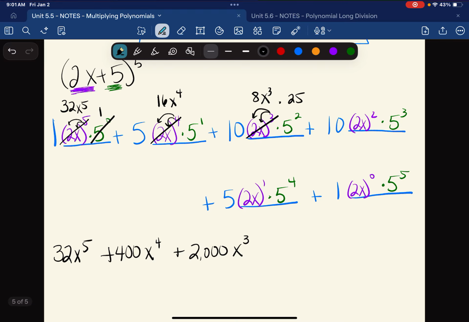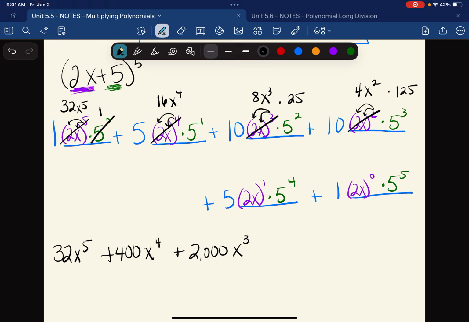All right, so here we go. Then we have 10 times 2x squared. So this 2, the squared goes to both the 2 and the x. 2 squared is 4x squared. So we've got that. 5 cubed. 5 times 5 is 25. Times 5 again is 125. So I have 4 times 125 times 10 that I need to multiply together.